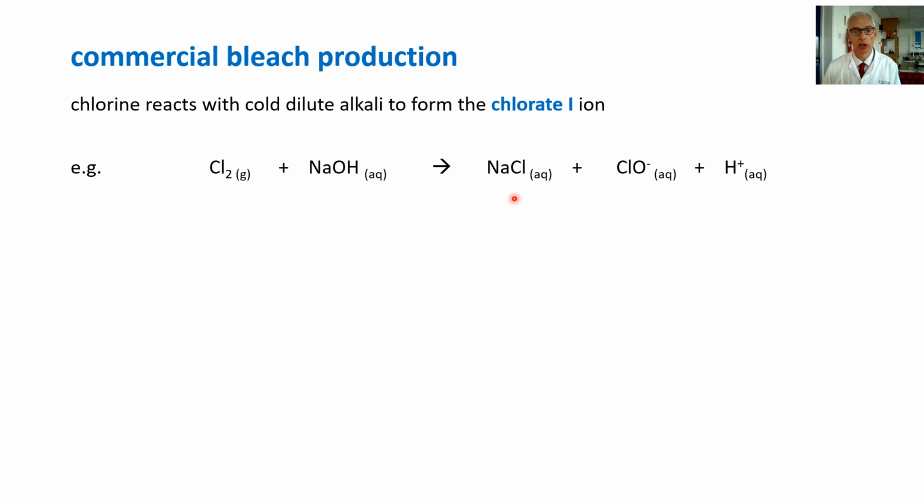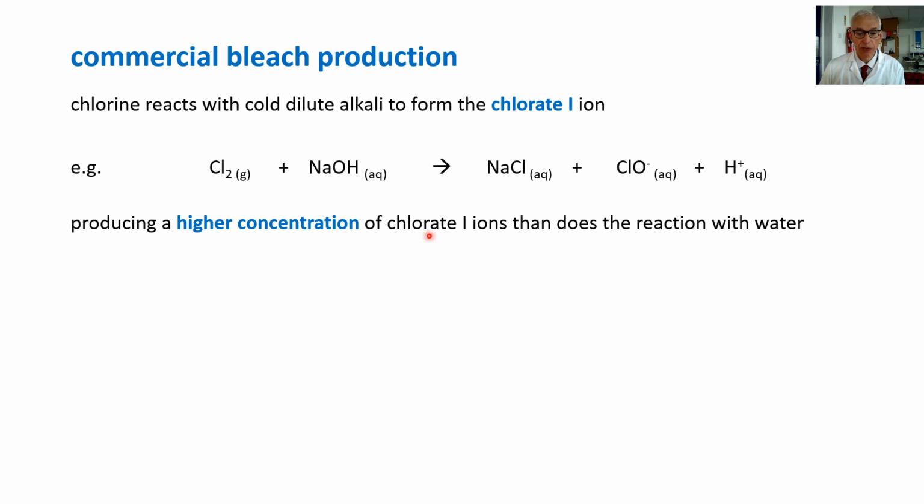NaCl is neutral. The left-hand side is neutral. So we realise that we must have a product of H plus to balance the equation both in terms of atoms but also in terms of charge. The total charge on the left hand side must equal the total charge on the product side, and that is now the case.